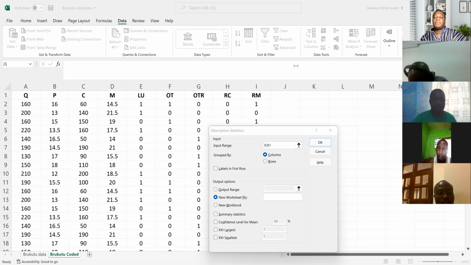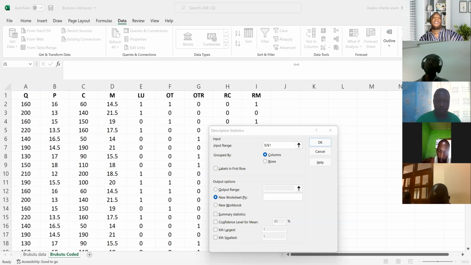Yeah, Richmond. Yes, please. So I've clicked on the data, so I'm just asking where to go next. Yeah, when you click on the data, then you look on the far right, you see data analysis. If you don't see the data analysis, it means that you have not invoked it.